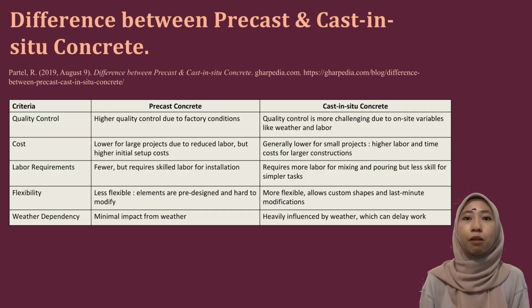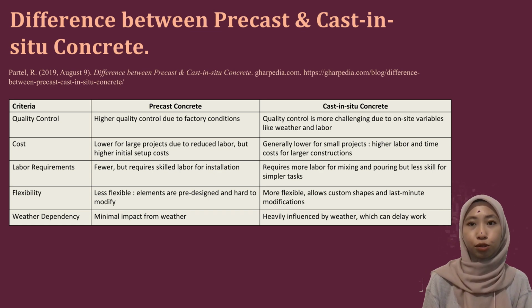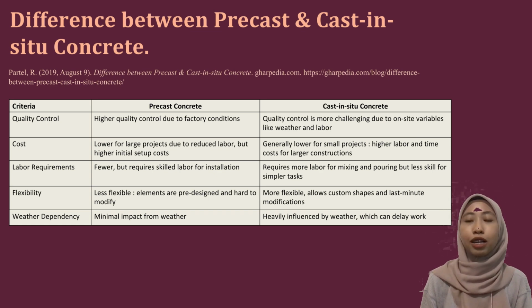maintain. So now I will explain the difference between precast and cast in situ concrete. For quality control, precast concrete has higher quality control due to factory conditions, while cast in situ concrete quality control is more challenging due to on-site variables like weather and labor.